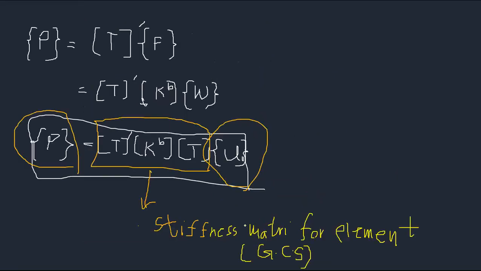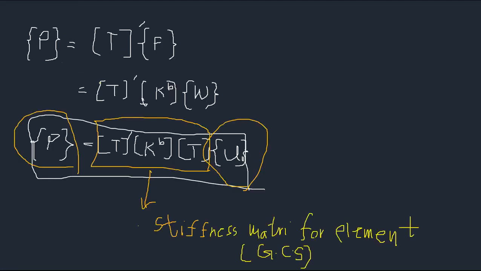So the next thing is, if you simplify this, you can determine this k truss element. It's going to be like this. So you have an EA over L as well.